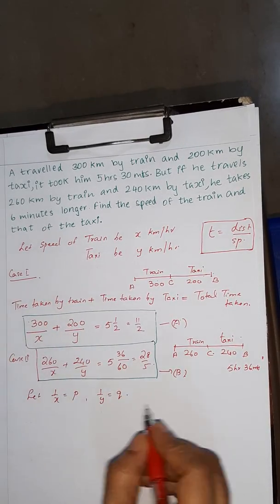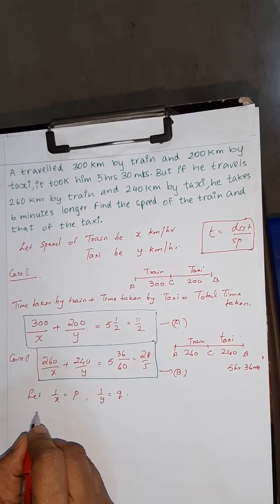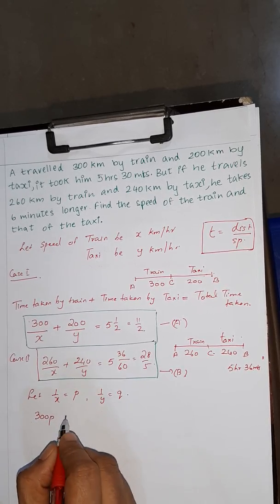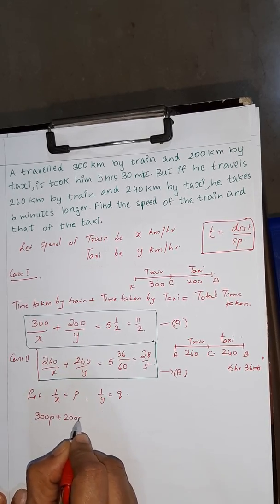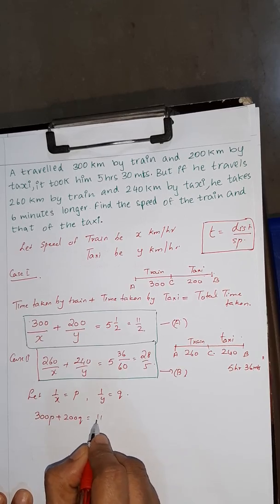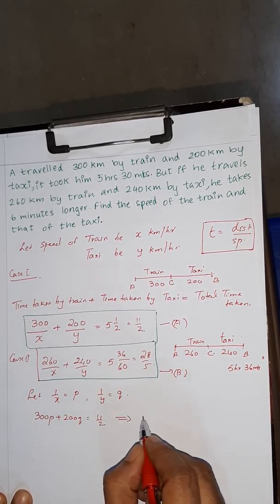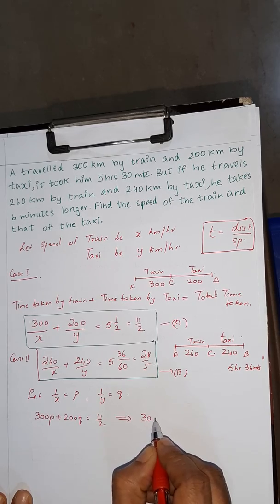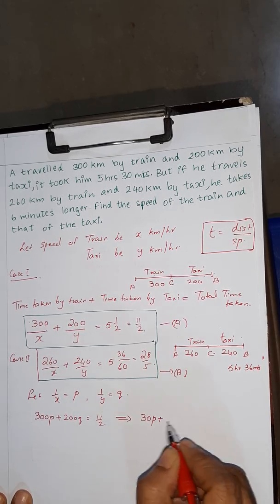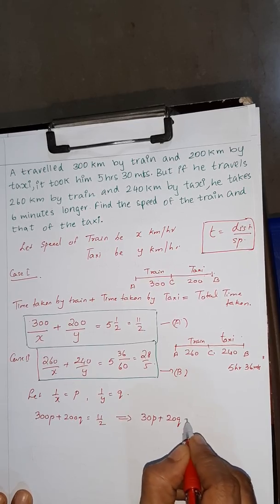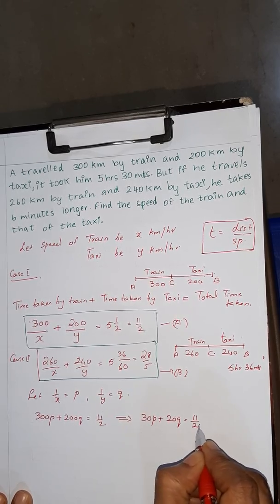So, equation A will become 300p plus 200q is equal to 11 by 2, and simplifying this, I will get 30P plus 20Q is equal to 11 by 20.